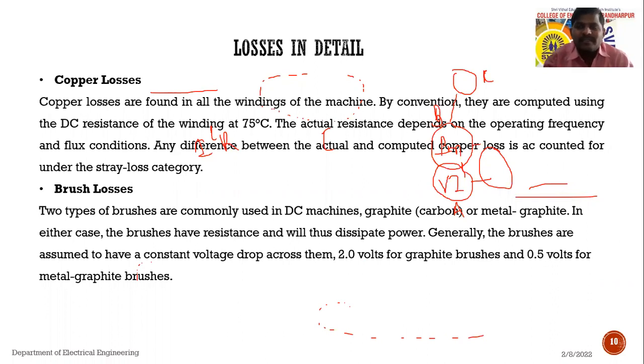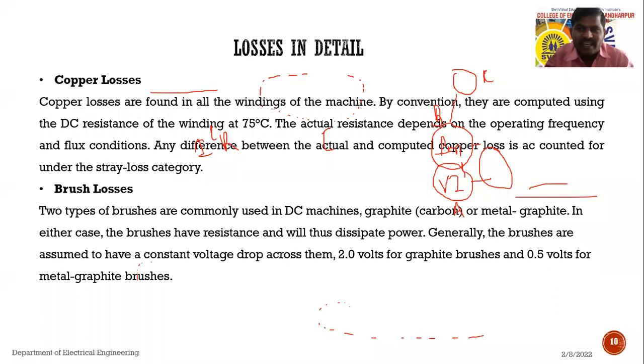So do you know that stray losses in the case of a generator depend upon rotation. If there is a minimum frequency, or maybe a maximum flux, then the speed of the machine will be low. If the flux is minimum, the speed of the machine will be high. According to the equation, N is directly proportional to Eb divided by phi.